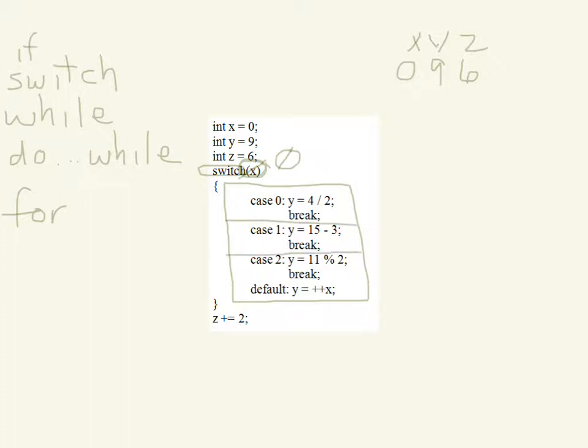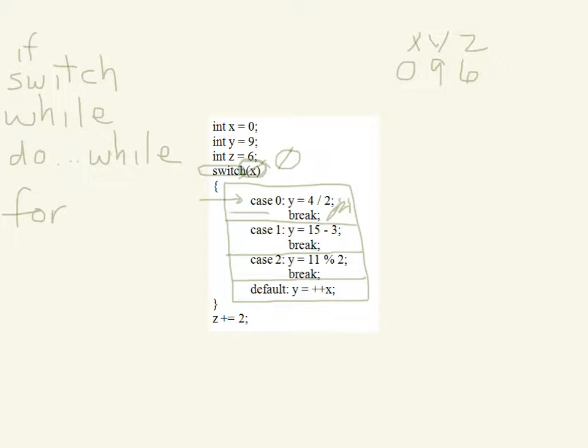The reason I do that is because a case statement or a switch statement finds the first matching case and then continues to execute down until it reaches the first break or the end of the whole block. So in this case, since X is 0, here is my matching case, so that's my entry point, and I'm only going to do the things inside this block.